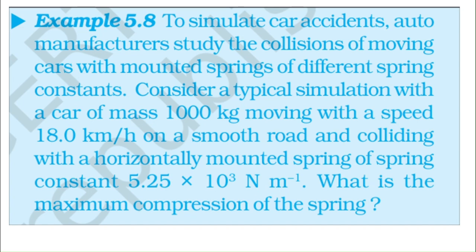Okay, let me draw the situation for you. So what is happening here? Let's say here you have a spring, and something here just to block the car, and this is the car.